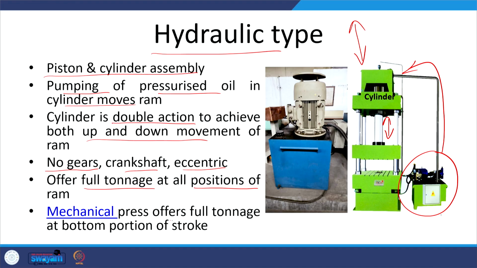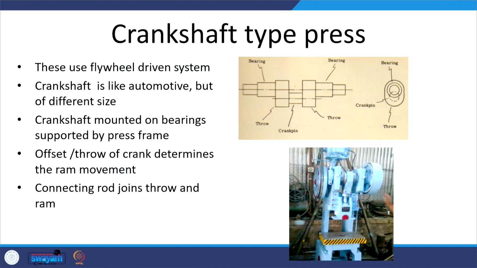So, the mechanical press allows the full tonnage at the bottom of the stroke. Okay. So, this is an important aspect. In case of mechanical presses, based on the position of the ram, the different tonnage can be identified, and that is given by the manufacturers of the mechanical type of presses.